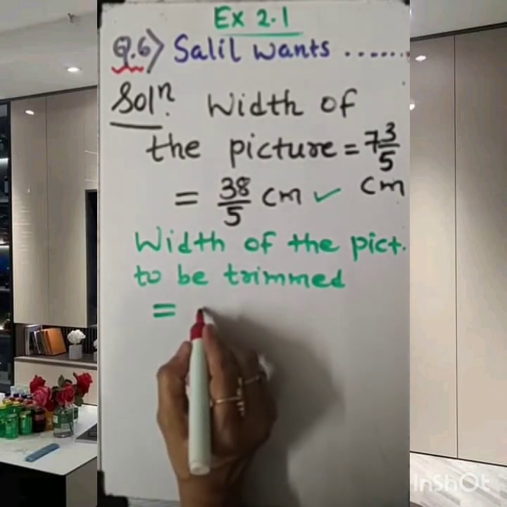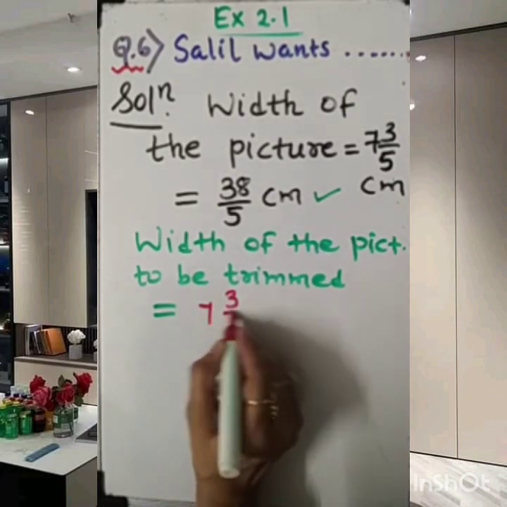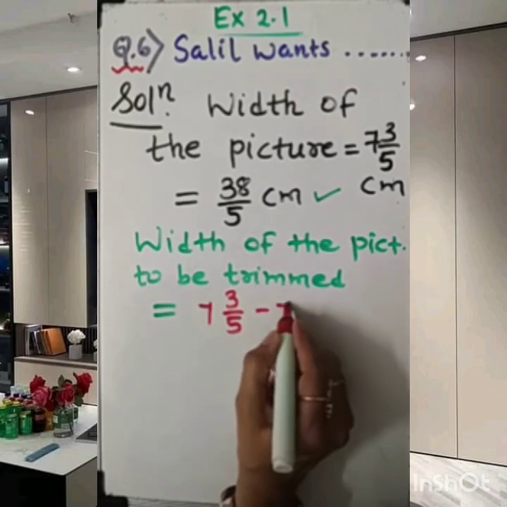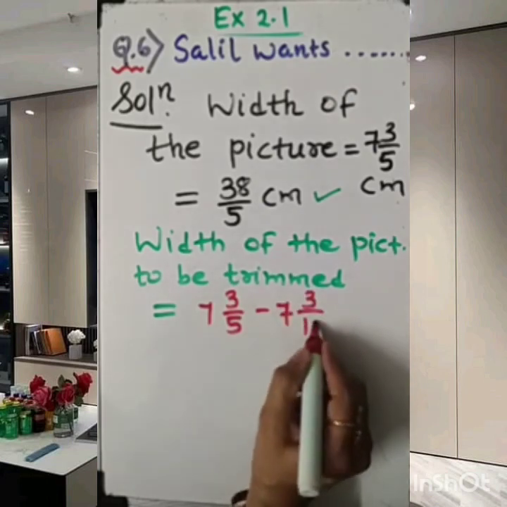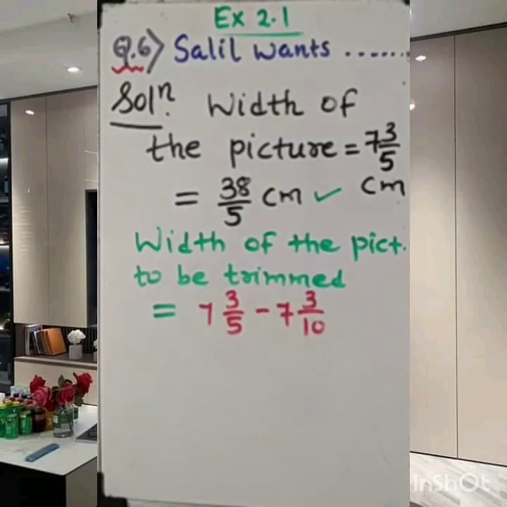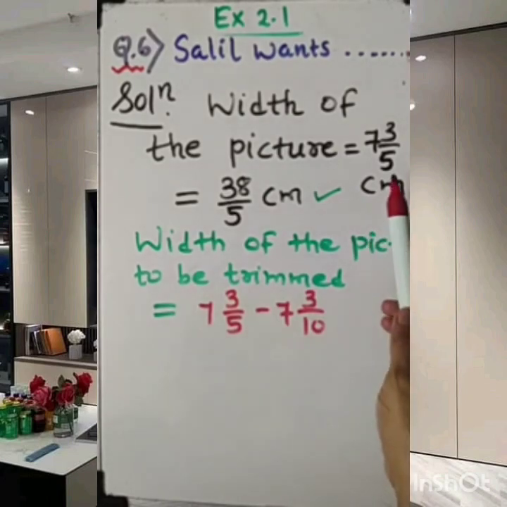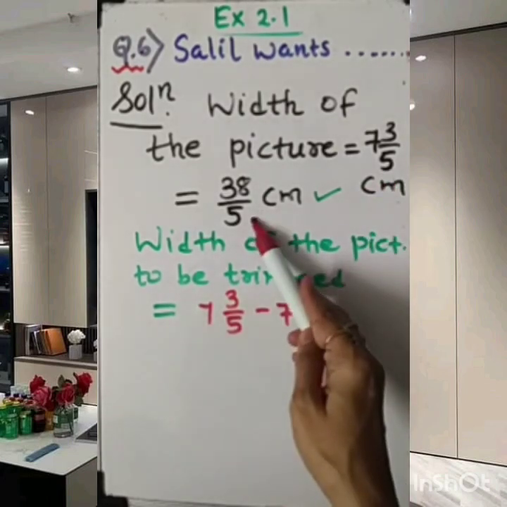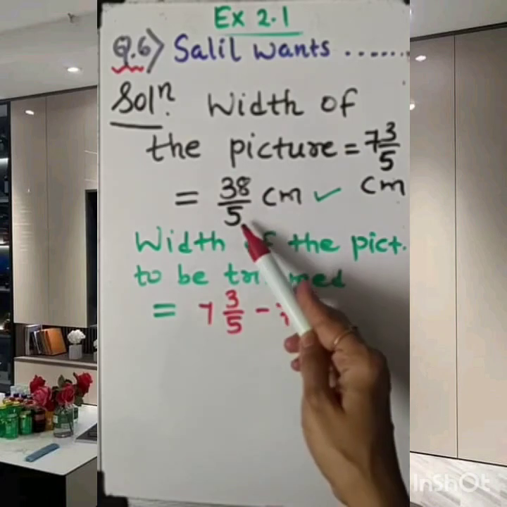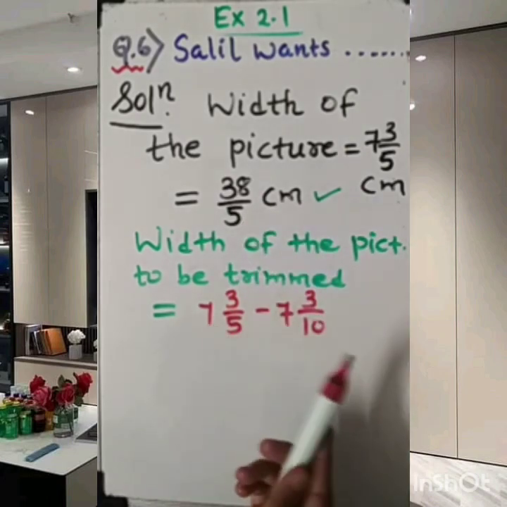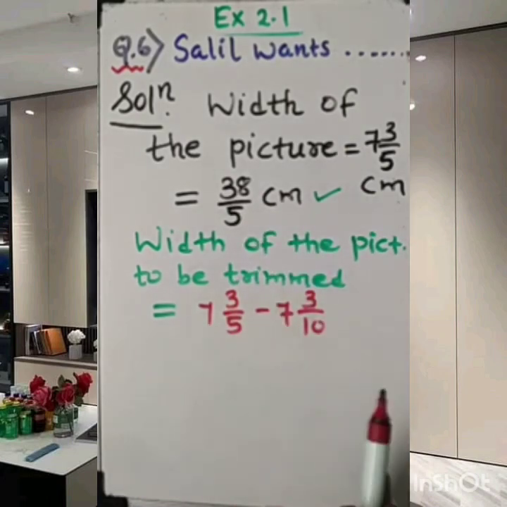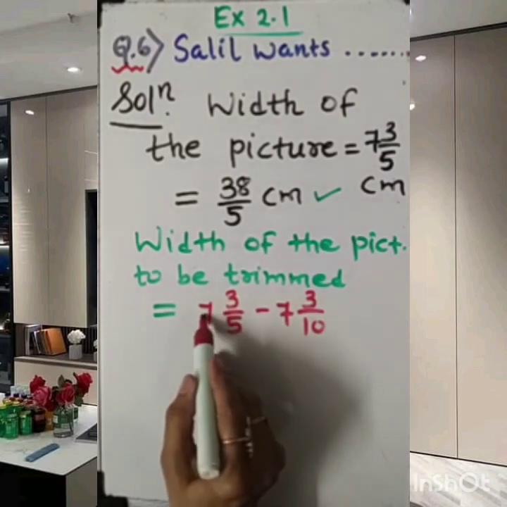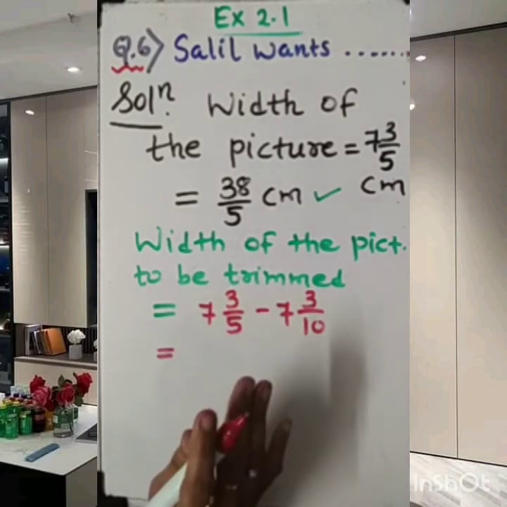Here we are given 7 3/5, and we are subtracting 7 3/10 from it. There are two options. Either you can convert it into a mixed fraction this way, or you can take out 7 common and then simplify. That is also a technique. Whatever you feel comfortable with, you move with that.